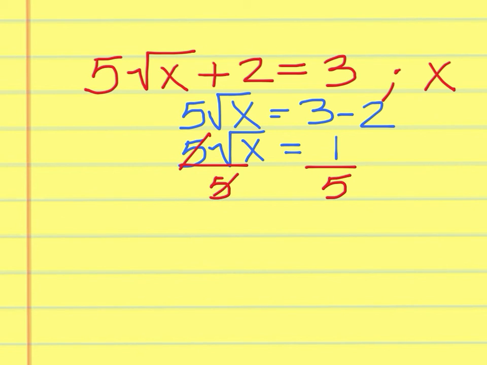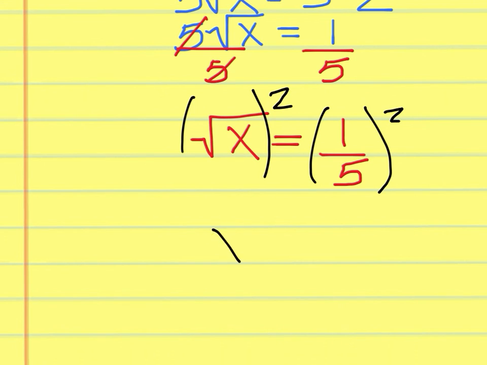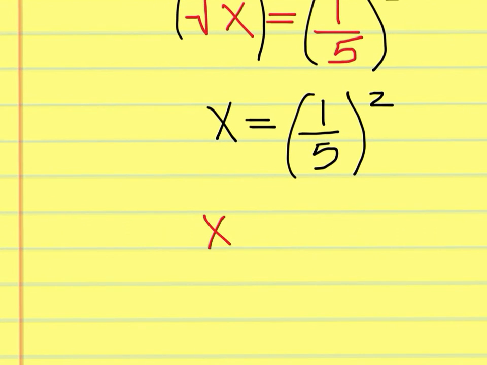Those cancel, and you're left with the square root of x equals 1 over 5. Square both sides to get rid of the square root symbol, and be left with x equals the square of 1/5, which comes out to be 1 over 25.